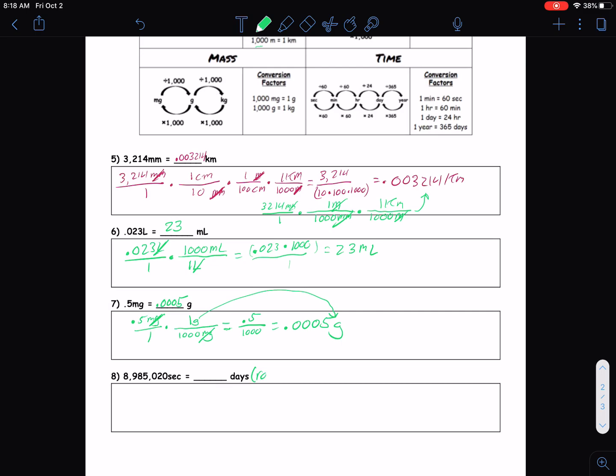I want you to round at the hundredths place. You're going to round at the hundredths place.